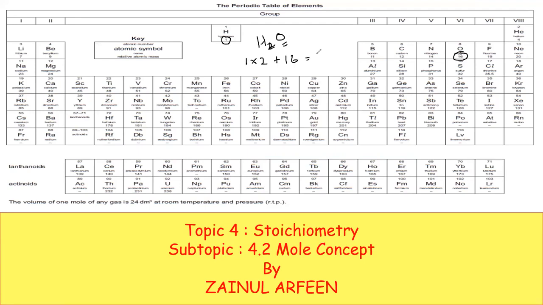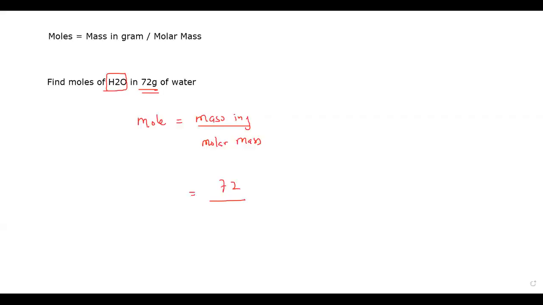So the total mass, the molar mass of the water, will be 18. And when we solve this, it will be 72 divided by 18. And 72 divided by 18, what we get? We will get 4 moles of water.